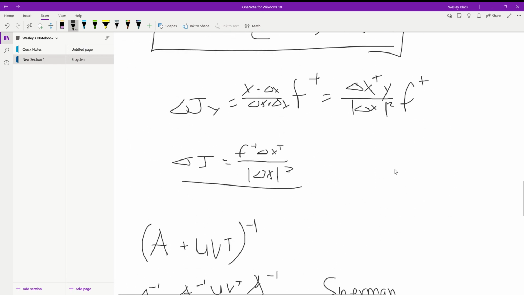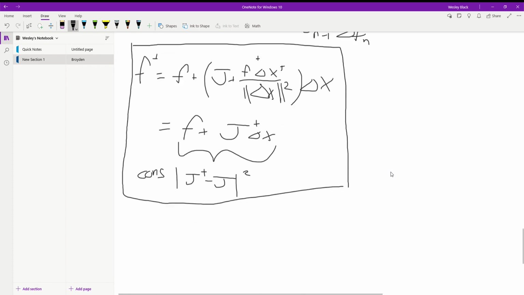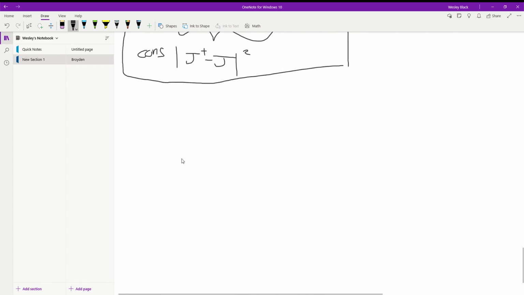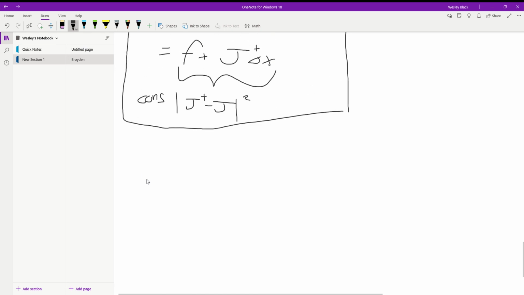I suppose I explained something a bit up here in Sherman-Morrison, and what all these u's and v's actually translate down to. As it turns out, it is J plus equals J plus uv. As you might remember, we had that A plus uv transpose.